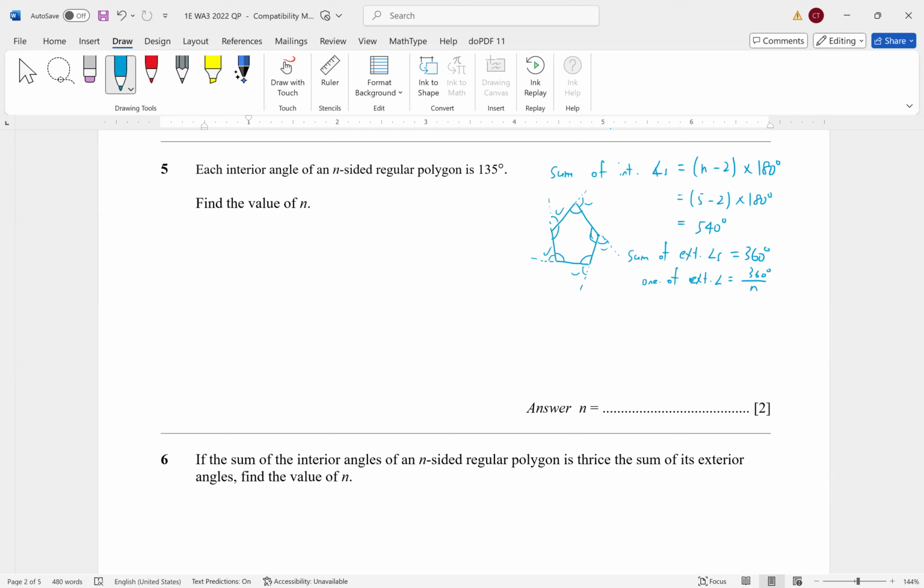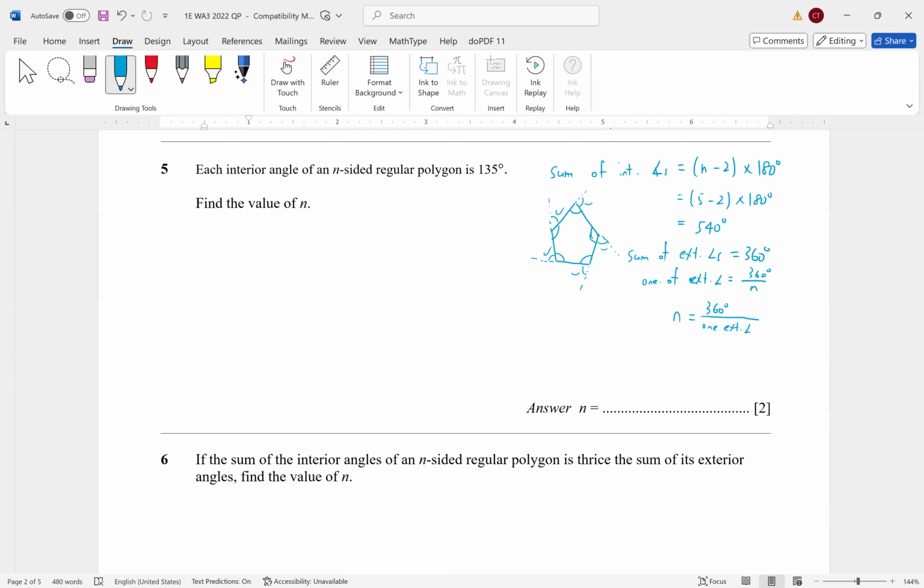I can always manipulate this formula. Let's say I know the exterior angle instead. I can take 360 divided by 1 exterior angle, and then I'll be able to find the number of sides for a regular polygon.